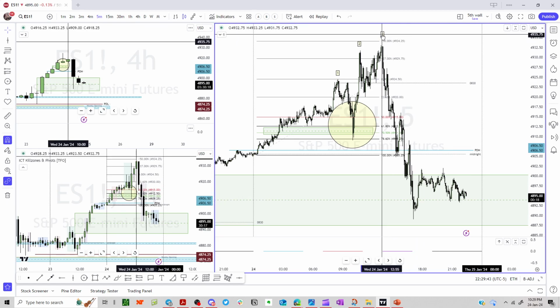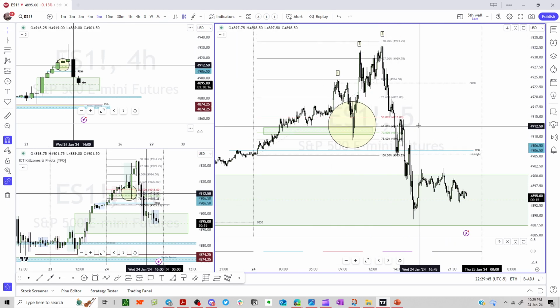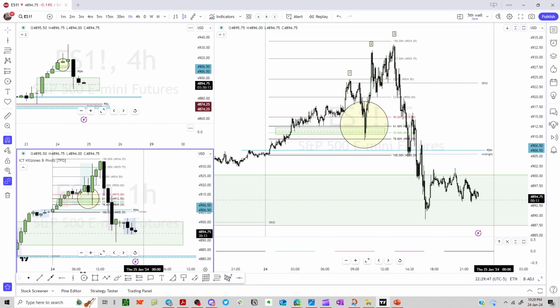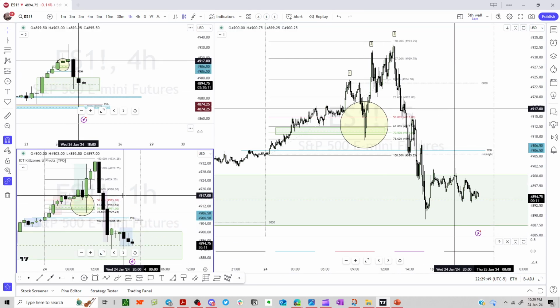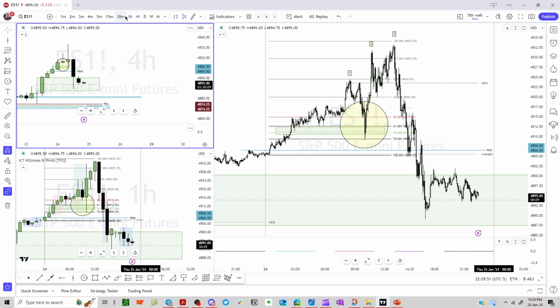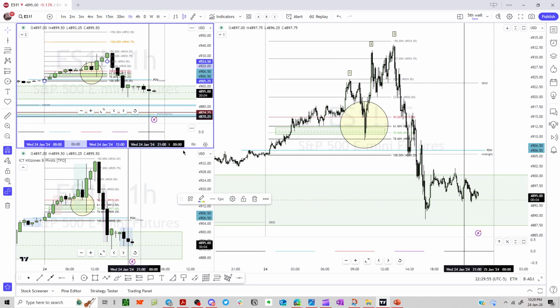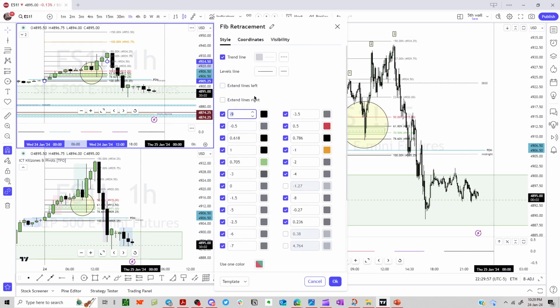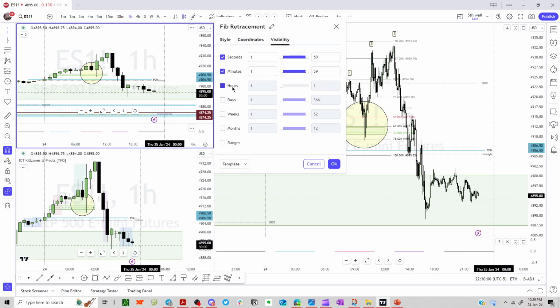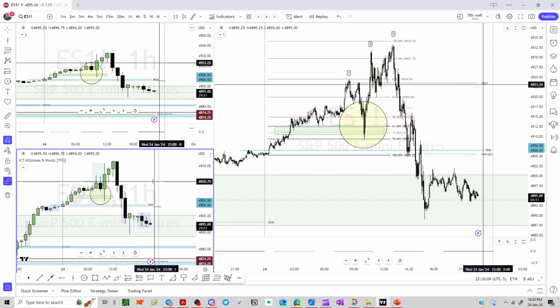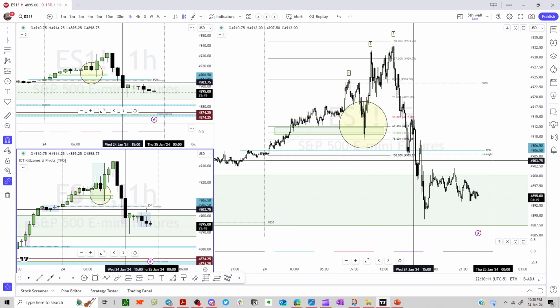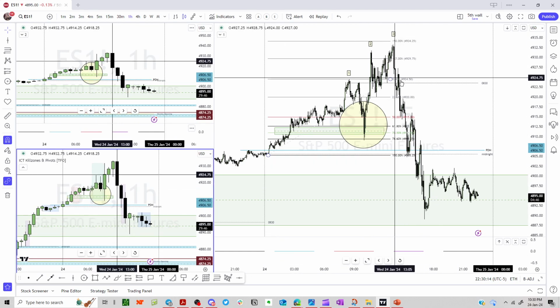All right. 3 drives pattern. Okay, 3 drives reversal pattern.